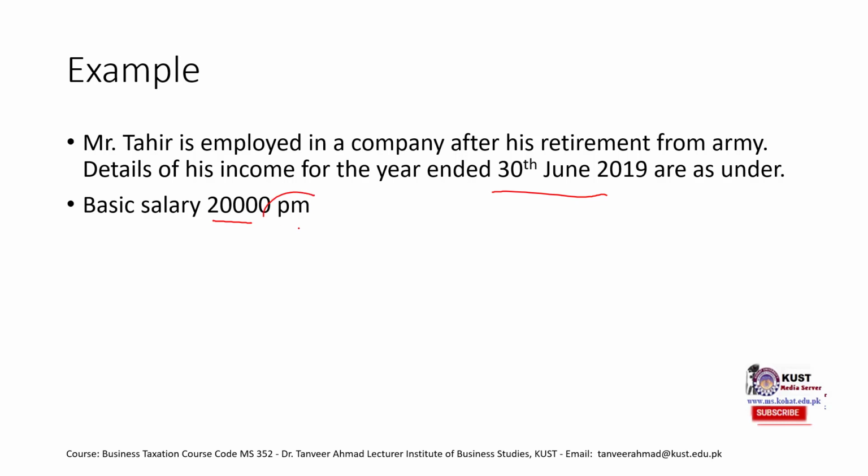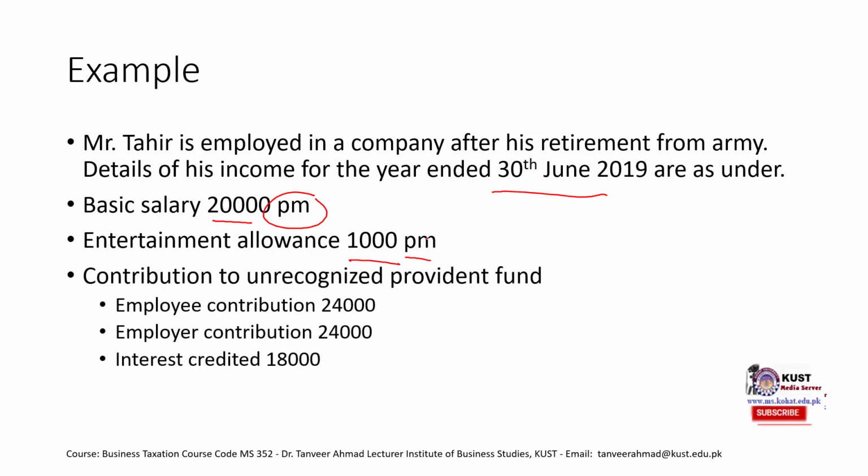Remember, PM stands for per month. Then entertainment allowance is also 1,000 rupees per month. Employee contribution is 24,000 rupees. Again, this is already included, so you would not have to include it. Employer contribution is 24,000 rupees.